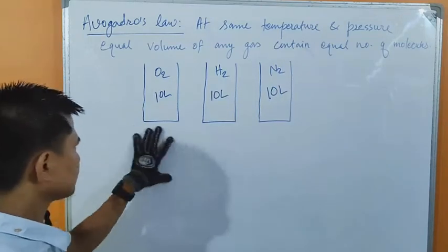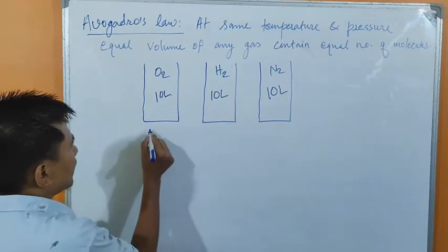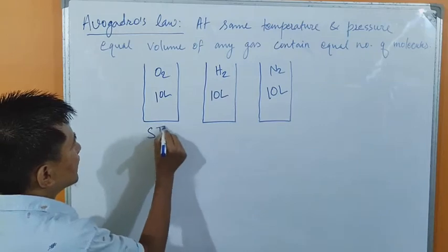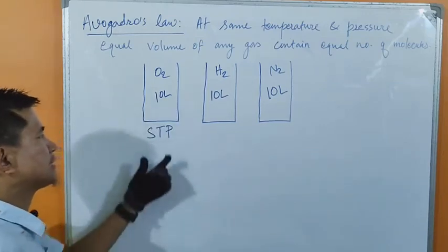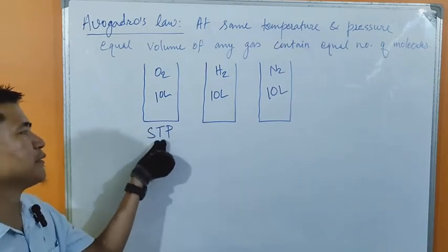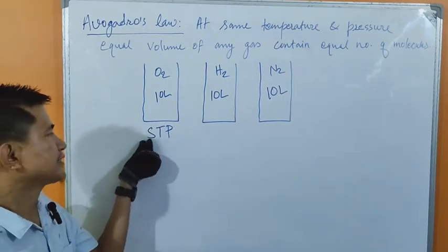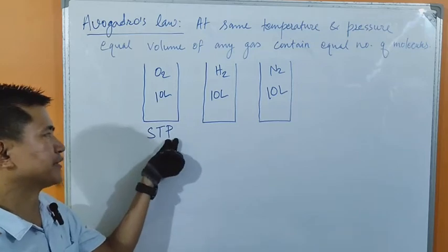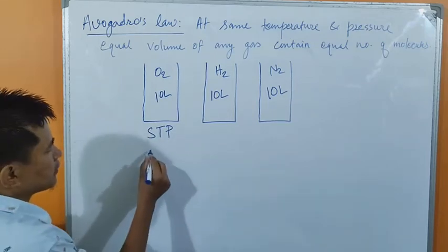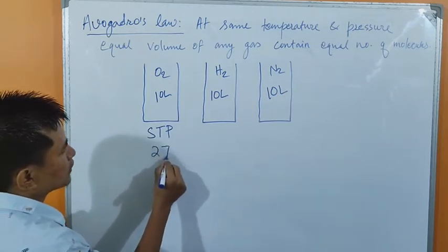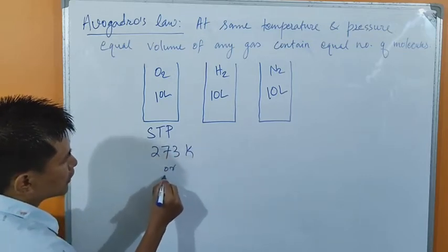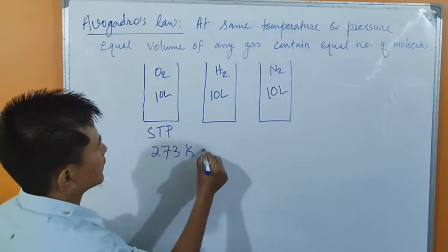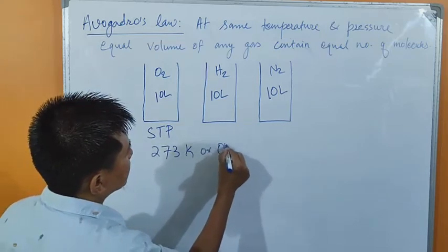Now, let us assume the temperature and pressure of the first cylinder is STP. STP means standard temperature and pressure. What is standard temperature? Standard temperature is 273 Kelvin, or 0 degrees Celsius.